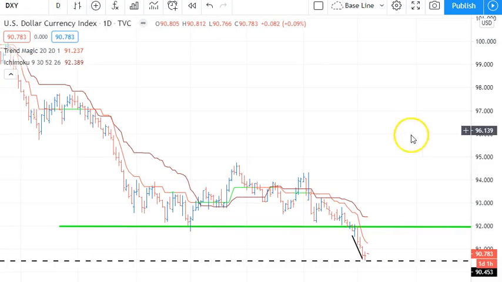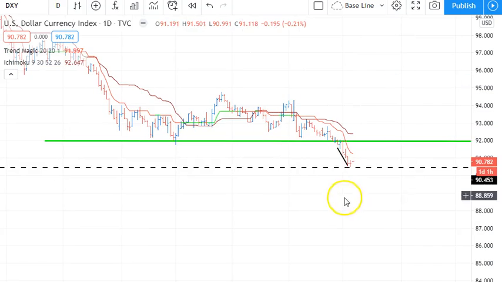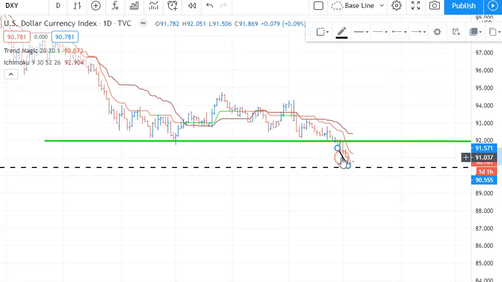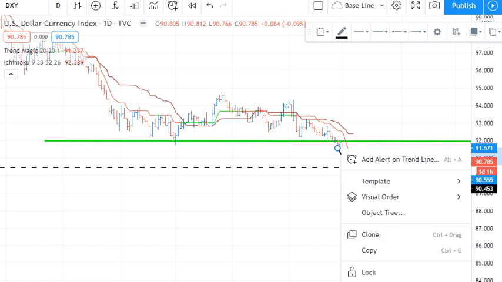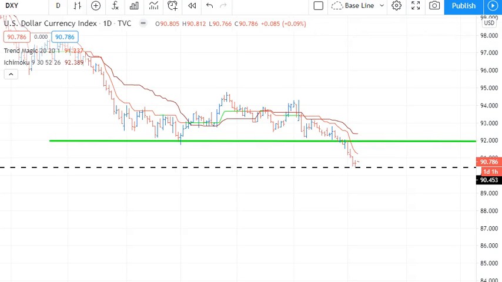I want to start with the dollar index. Here we have this scenario on the dollar index, and we did make this breakdown. Now, during this time, as you've heard me say before, we had some fairly significant moves on some of the cross pairs, like the New Zealand USD and Aussie USD, which made some significant moves up, and Euro USD made some significant moves up.